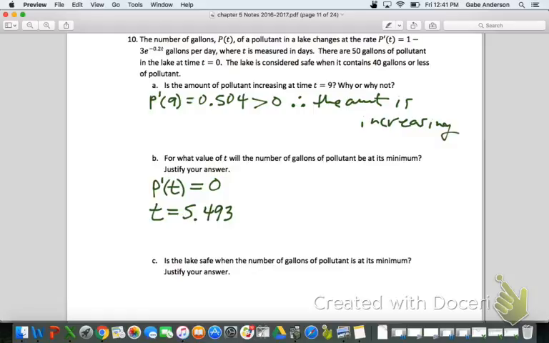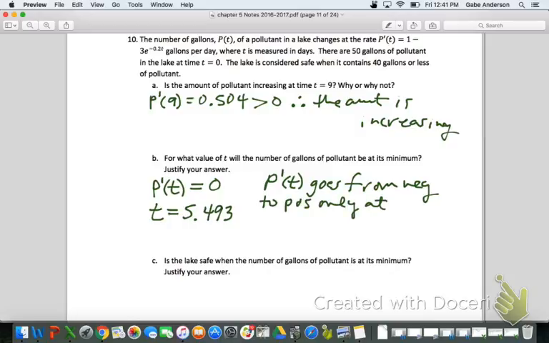So I think we can simply say, P prime goes from negative to positive, only at T equals 5.493. Therefore, P of T has a relative minimum.